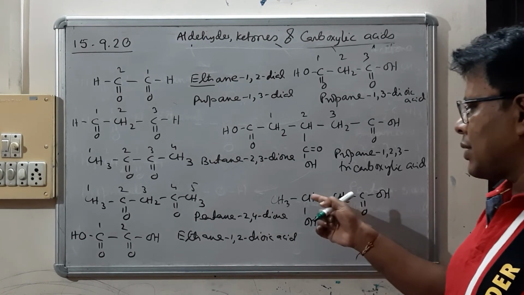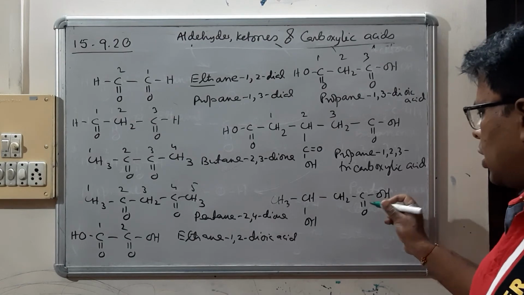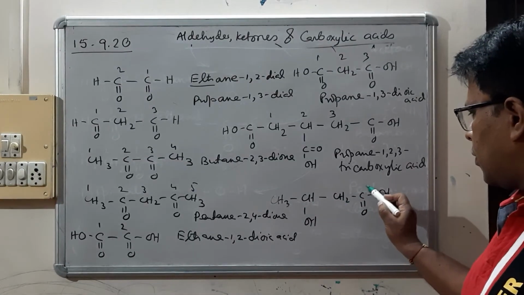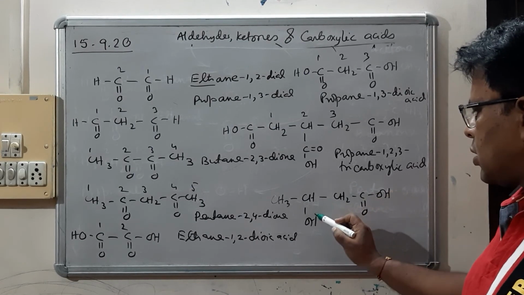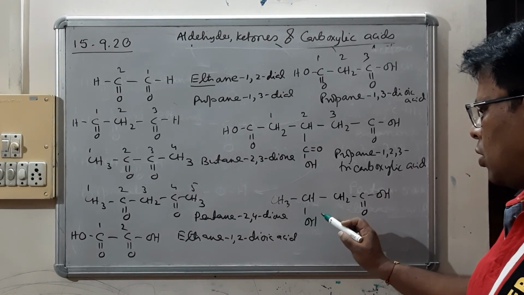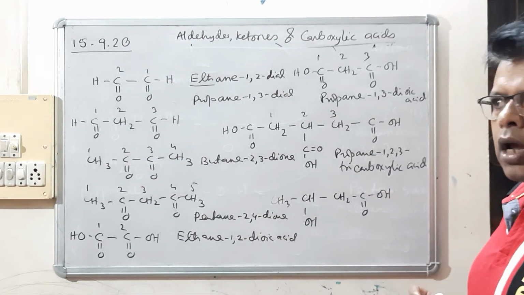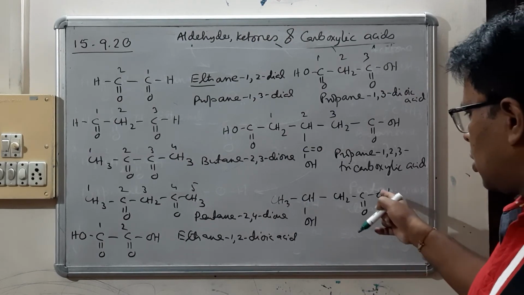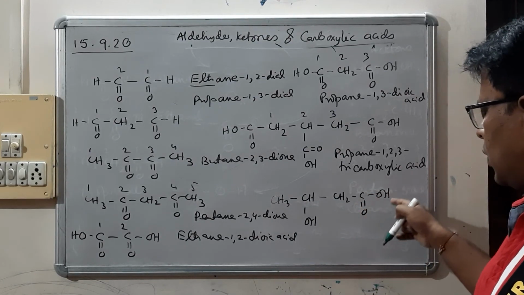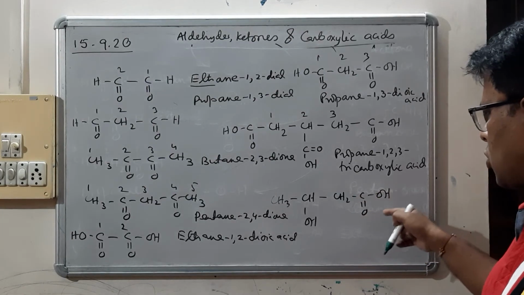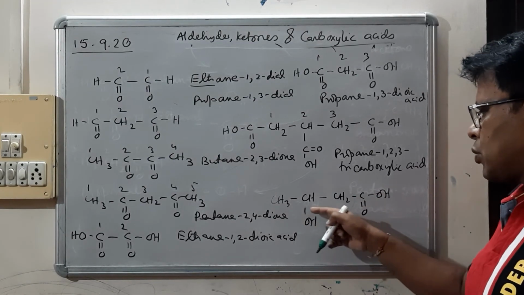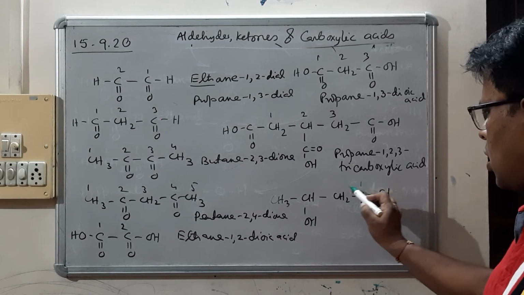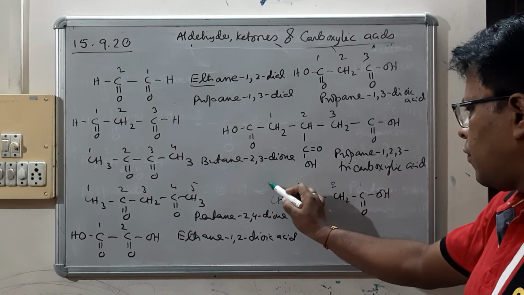Okay, now the last compound here has two different types of functional groups, carboxylic acid and alcoholic group. In such cases we have to consider the priority order, and according to the priority order, this one has higher priority. So this will be our principal functional group, and this one will act as a substituent. So the name of this compound will be 1, 2, 3, 4.